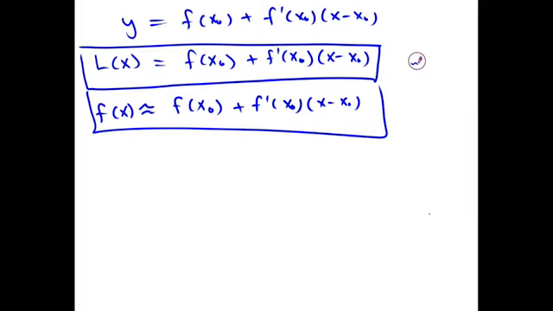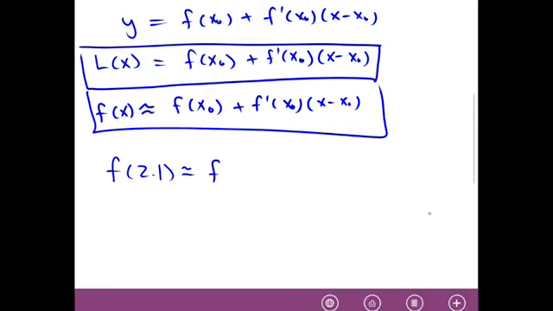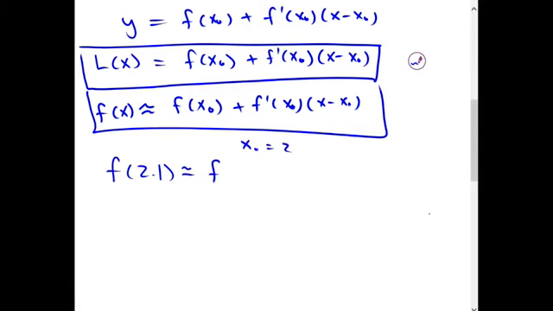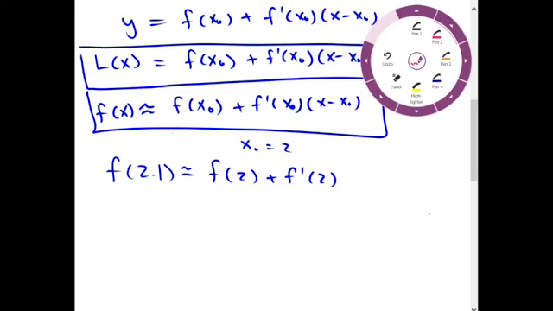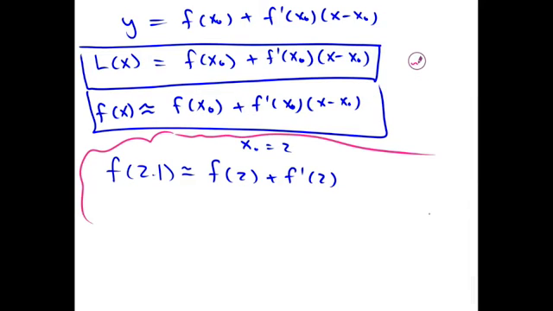Going back to our example, we're trying to approximate f of 2.1. If we use x0 as 2, f of 2.1 is approximately f of 2 plus f prime of 2 times x minus 2. Remember, for this example, f of x is x to the third.